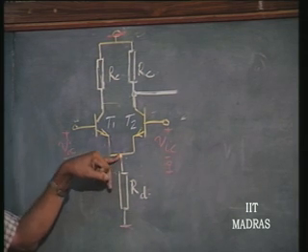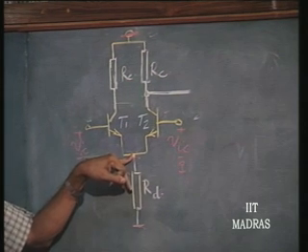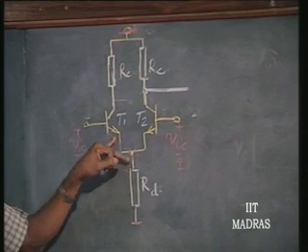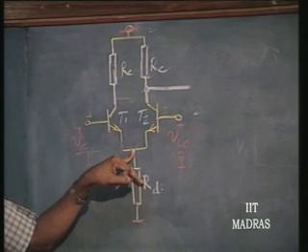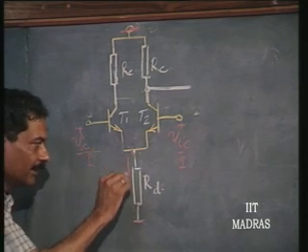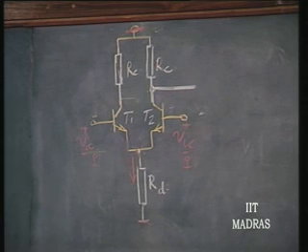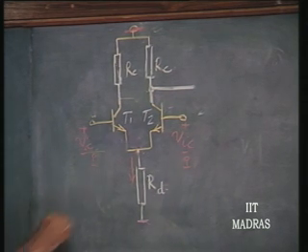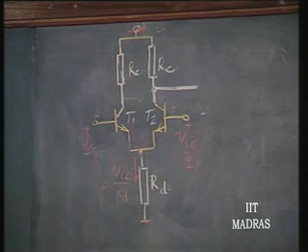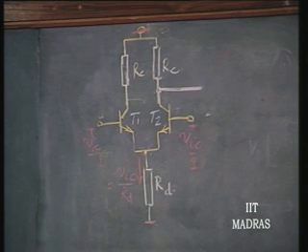The signal here is going to be very nearly VIC, except for a small drop in RE, small RE. So, this potential is going to almost nearly follow this potential of VIC. That means, the incremental change here is going to be very nearly equal to VIC divided by RD, except for the small drop that I have ignored through RE, okay?